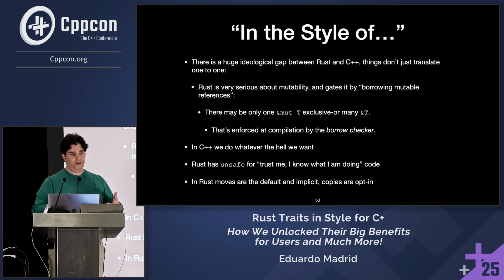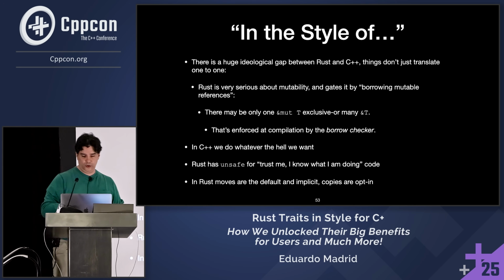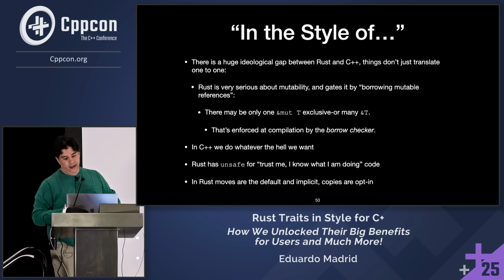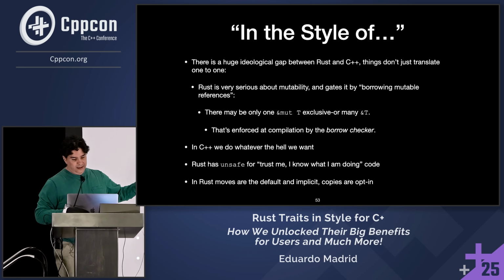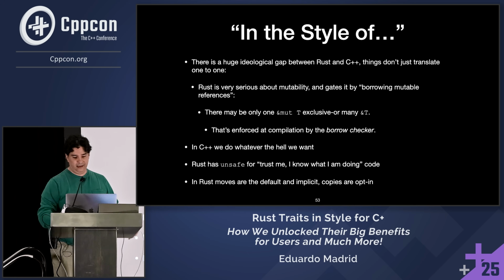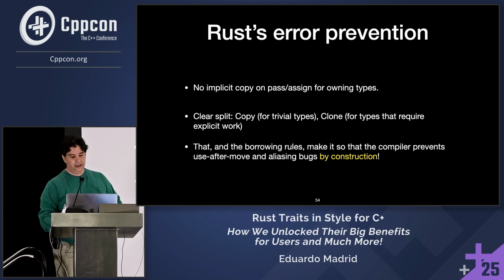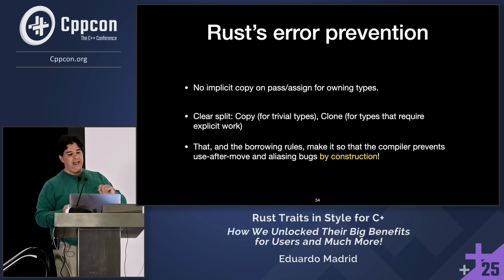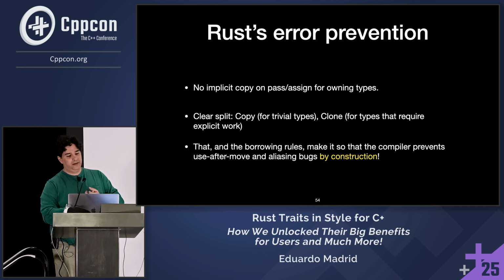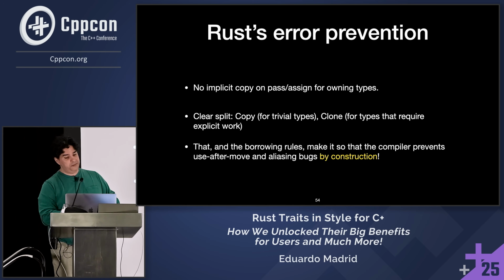Which is basically, trust me, I know what I'm doing, type of code, and should only be used when necessary as opposed to liberally. Another thing is that in Rust, moves are the default and implicit, and copies are opt-in. And the reason being that it really helps with Rust's error prevention. There's no implicit copy on pass or assign for owning types.